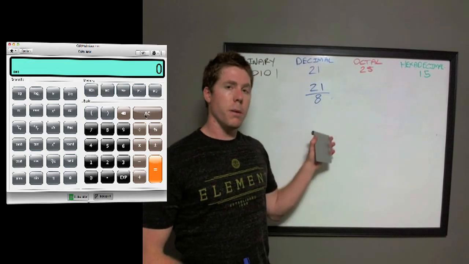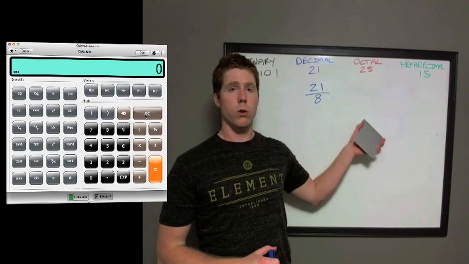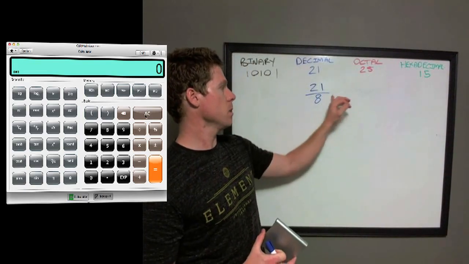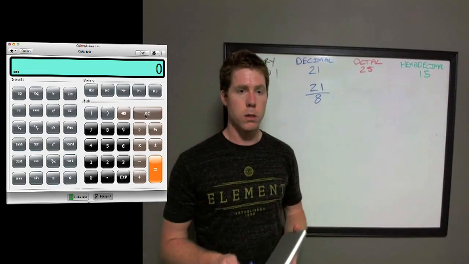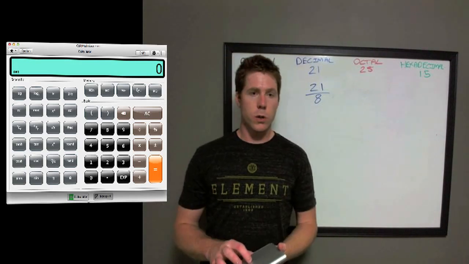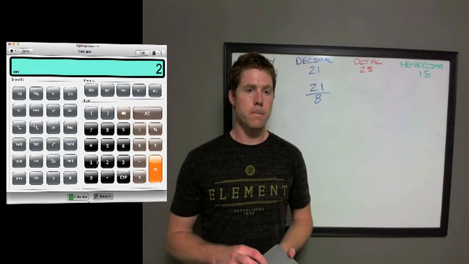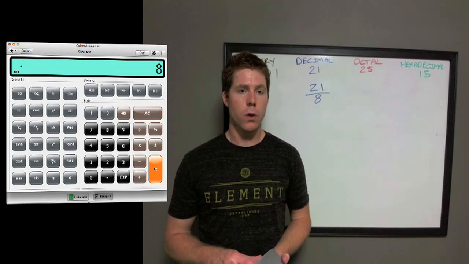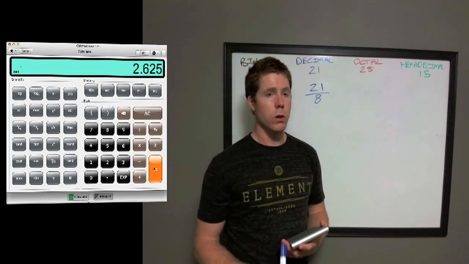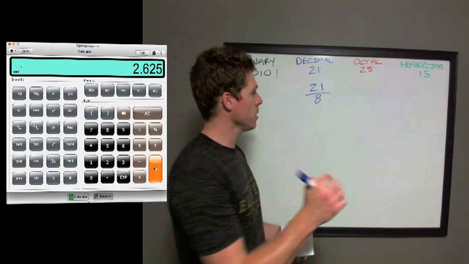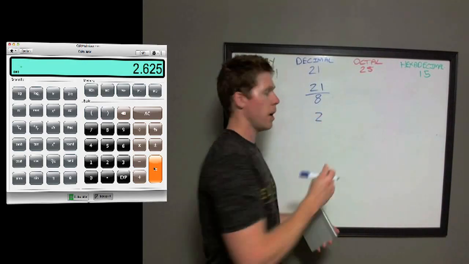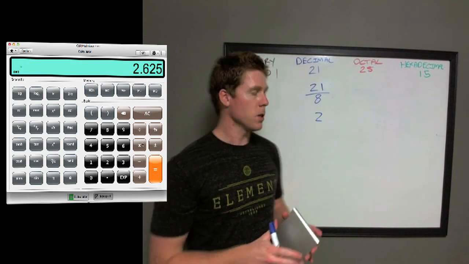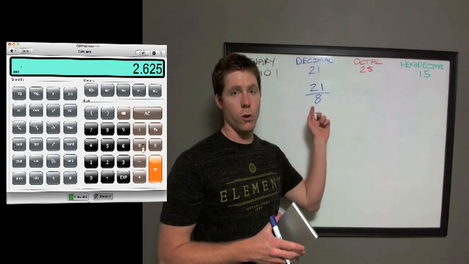We're going to get some number and remainder 0, 1, 2, 3, 4, 5, 6 or 7, which lines up with all the numbers that we get in the octal number system. So let's do this on the calculator. 21 divided by 8, and we're getting 2.625. So we write down the whole number, 2, and then its remainder, 0.625 of 8.